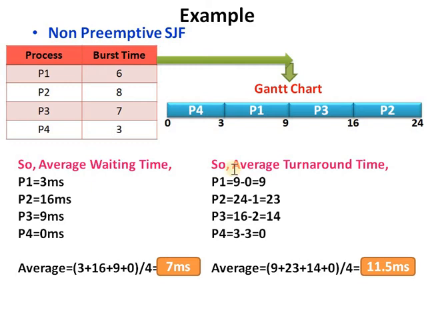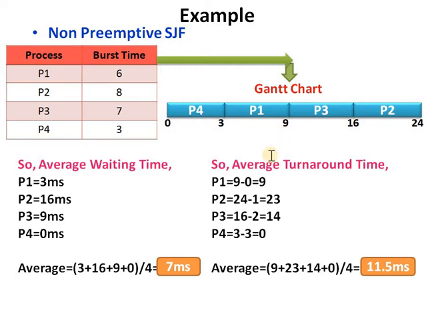Next, we want to calculate the average turnaround time. We know that the turnaround time is calculated by using the formula: turnaround time is equal to ending time minus arrival time. So, for the process P1, how is the turnaround time calculated? 9 minus 0, because 9 is the ending time and arrival time is equal to 0.